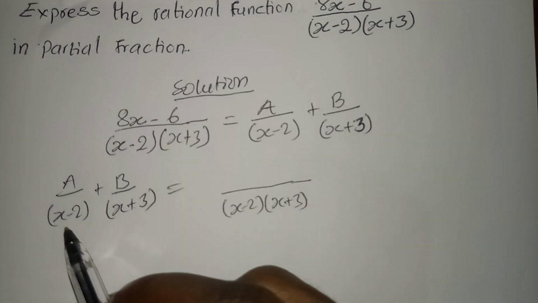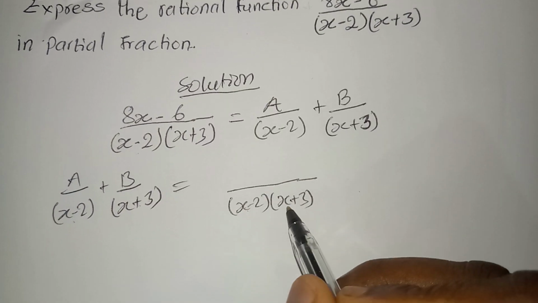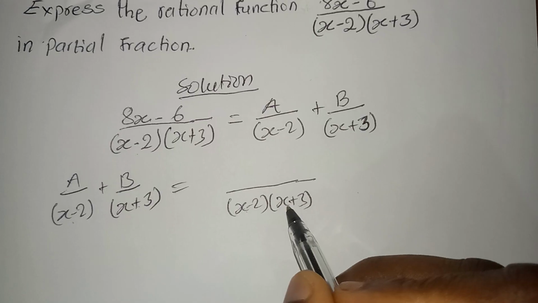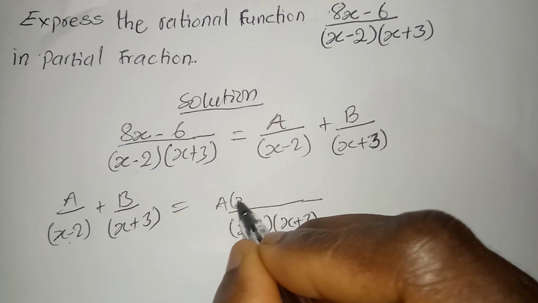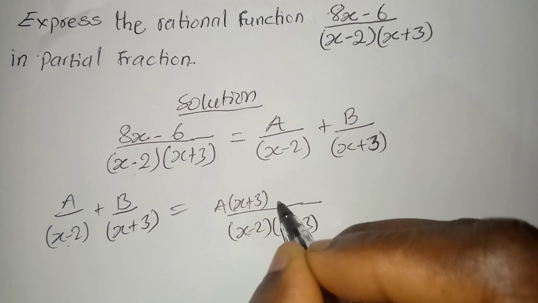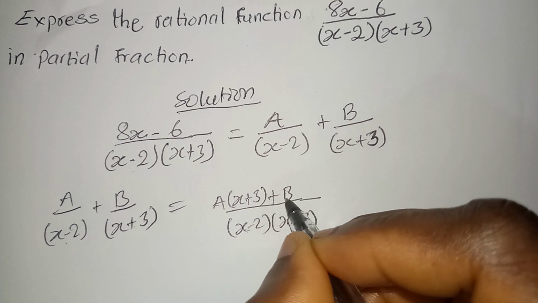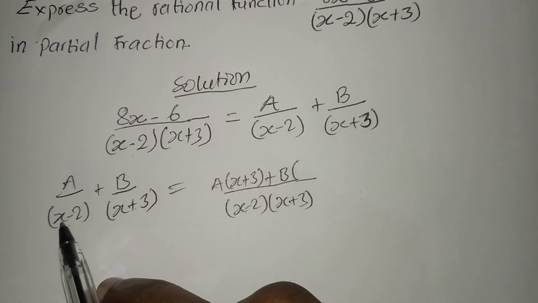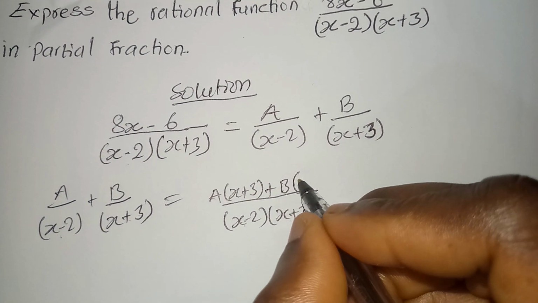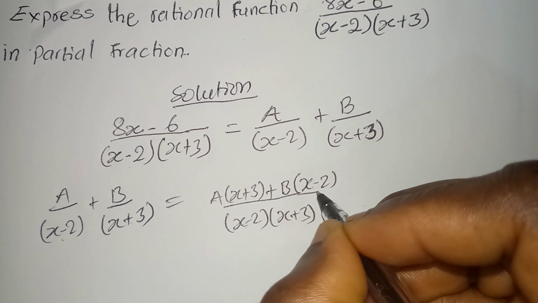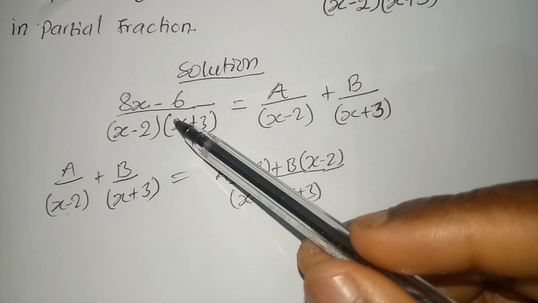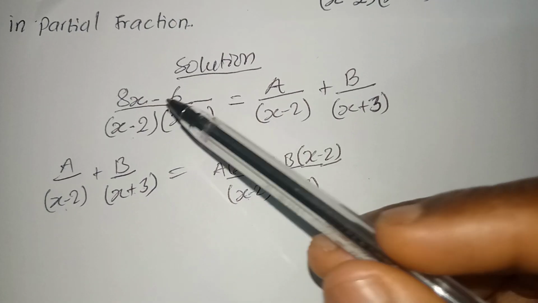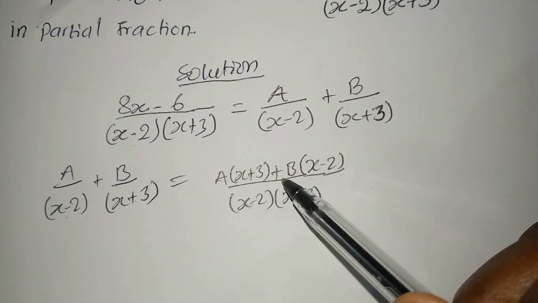So this will go into this, and the remaining factor we multiply by A. That will be A multiplying with x plus 3, plus B multiplied with this factor, x minus 2. When you compare this to the question, the left hand side is equal to the right hand side.